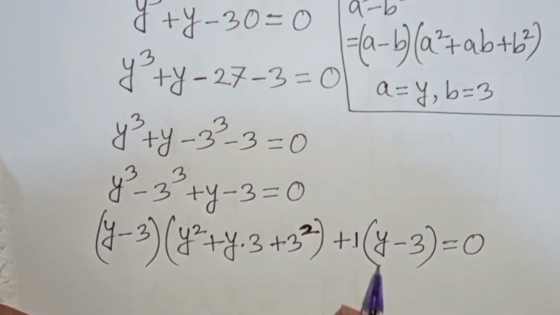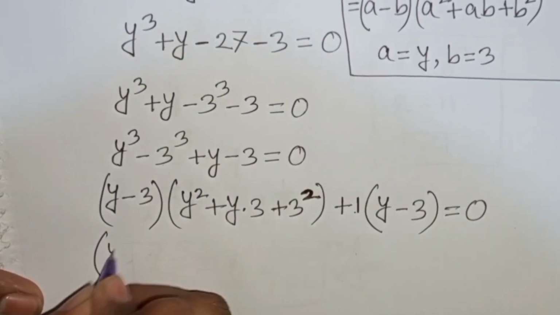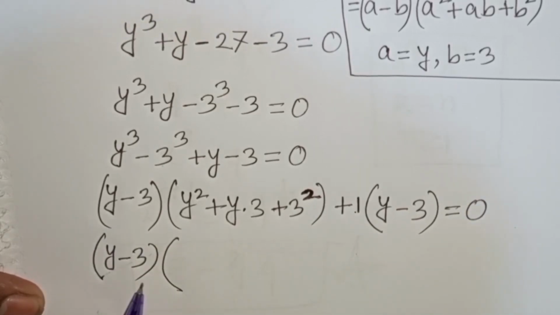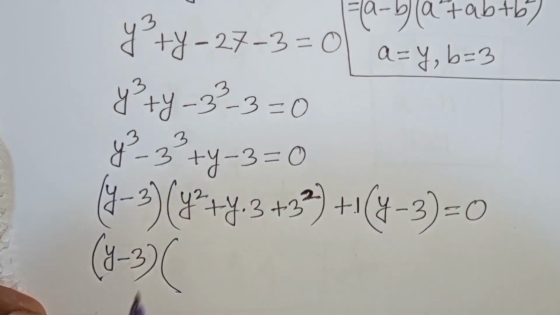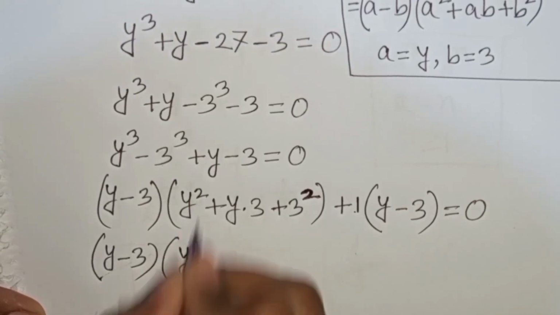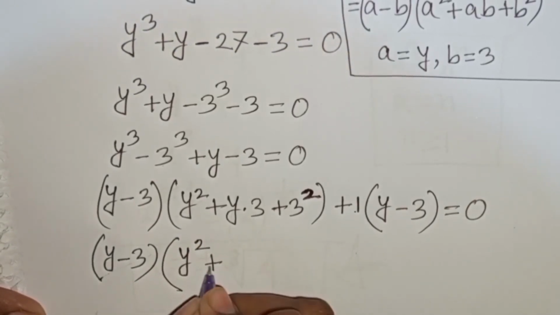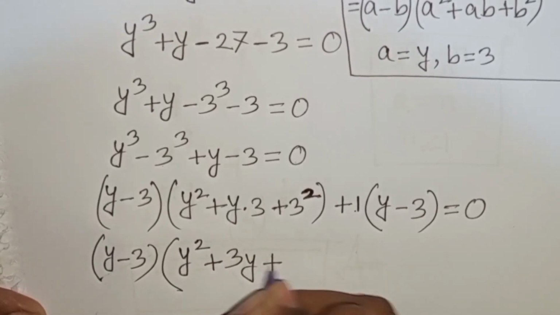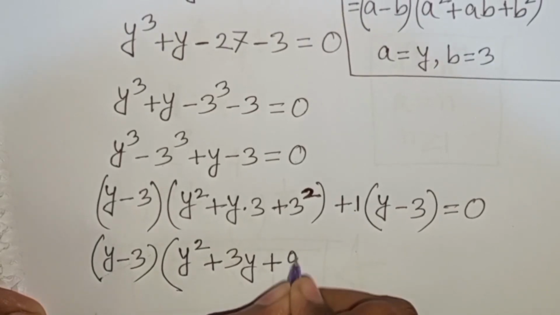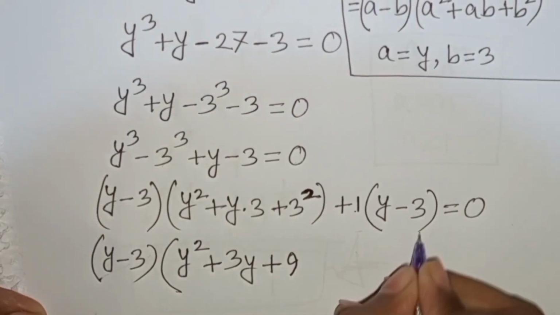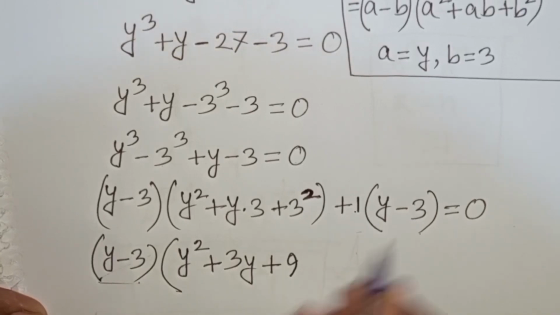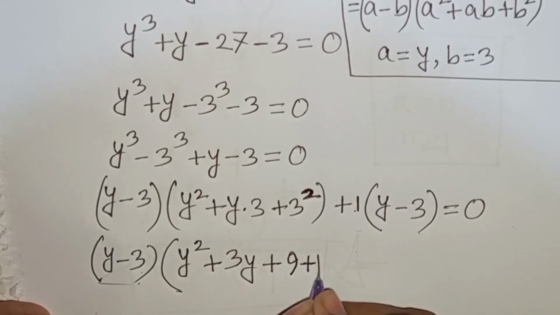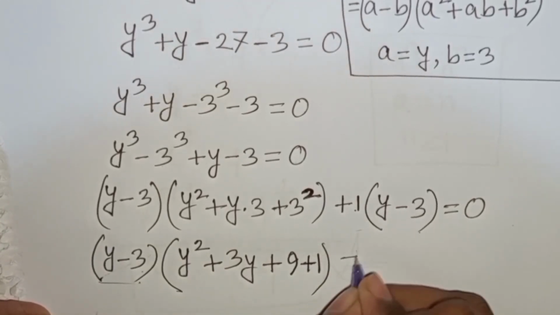Now we see y minus 3 is common, so take common y minus 3, so bracket y minus 3 is out of this bracket. So this divided by this, that means y minus 3 will be cancelled, so we have y square plus y times 3, that means 3y, plus 3 square is the same as 9, then this divided by this, that means this y minus 3 will be cancelled, so here plus 1, then bracket close is equal to 0.